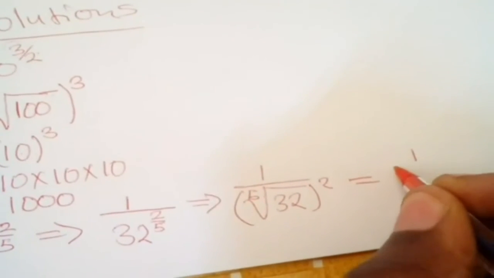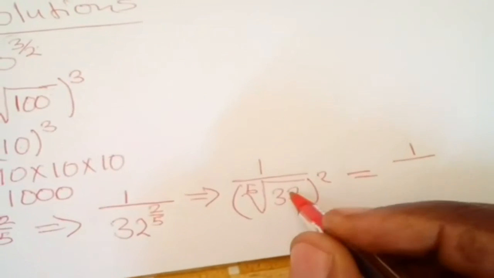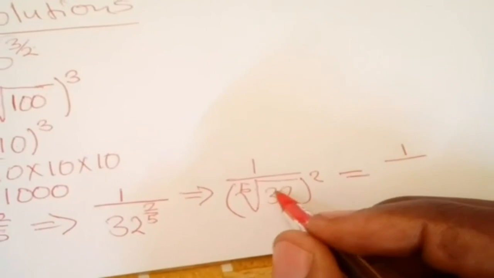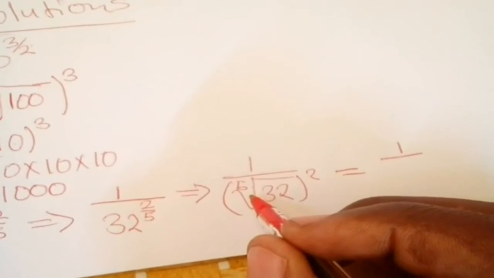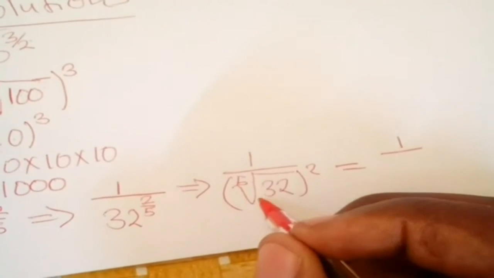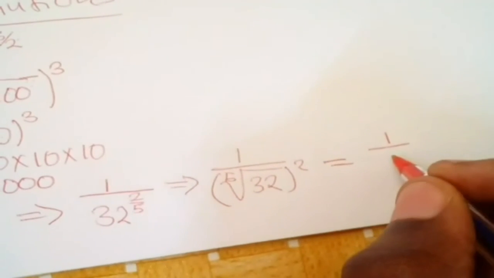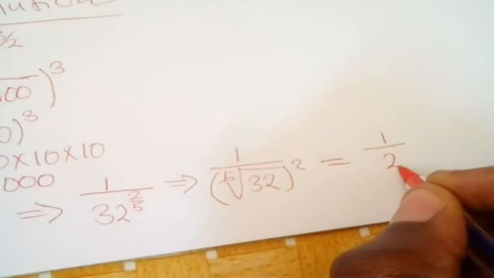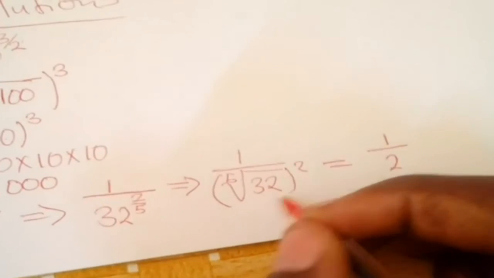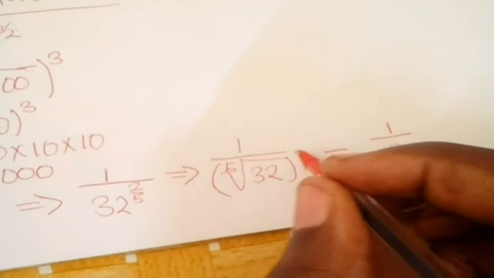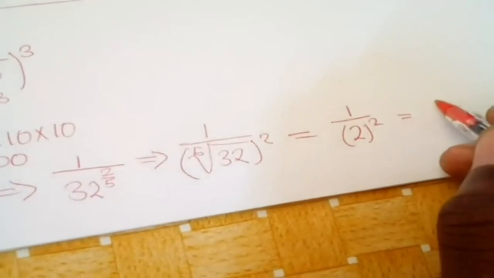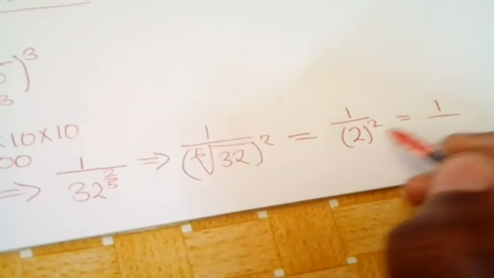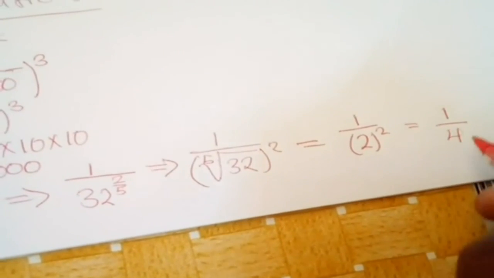So we're going to have 1 over, an integer such that when that integer multiplies itself 5 times, we get 32. That integer is 2, but remember everything here is being raised to the power 2, so you have 2 squared, which is 4.